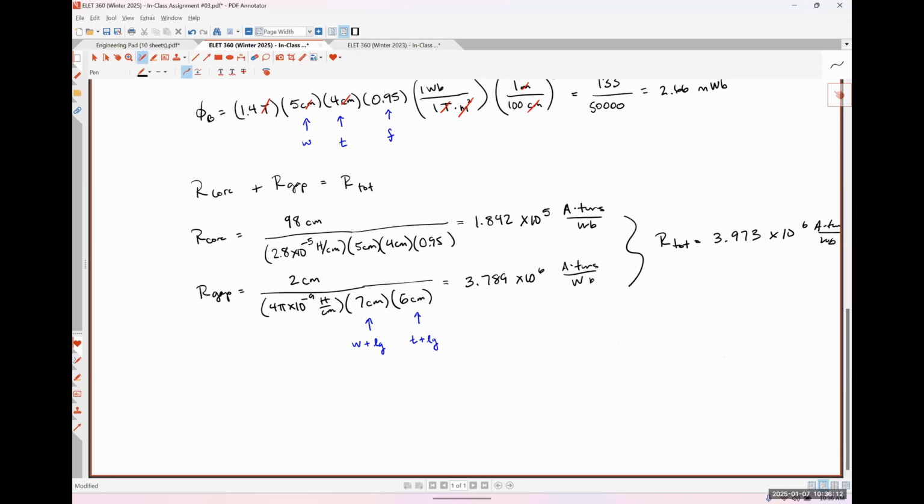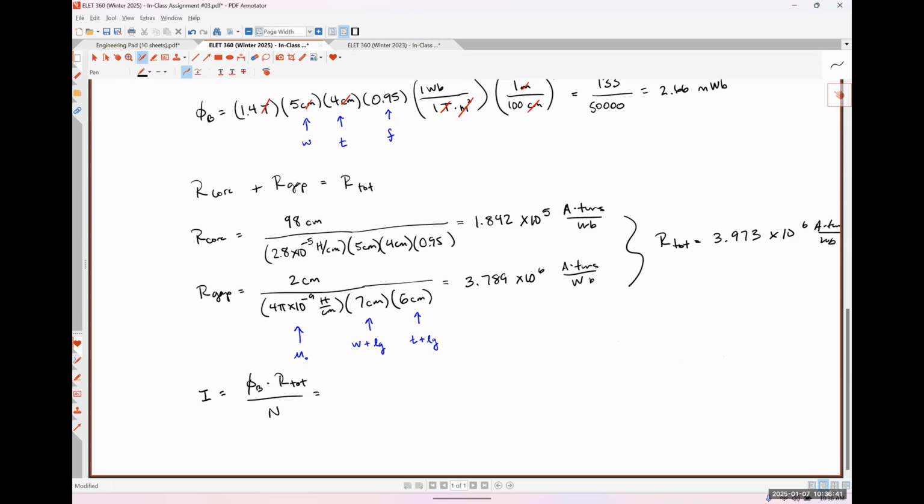That is correct. So I will happily annotate that as mu naught, because that is exactly what it is, Brock. So from here, the magnitude of our current I is just our flux times our total reluctance divided by our number of turns.